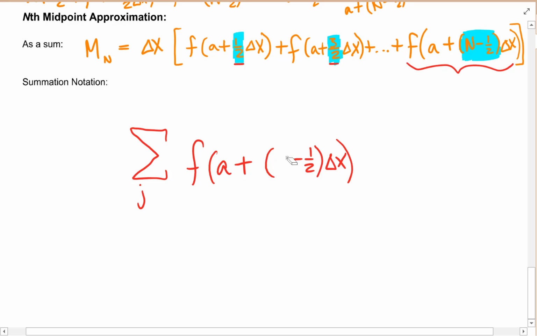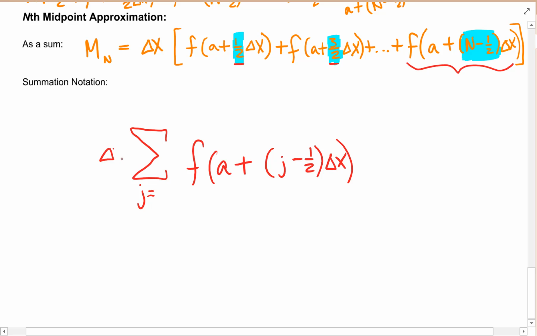And I'm going to replace number of subintervals with j, because we can put however many subintervals here by indicating the index and the ending point. So that doesn't need to be accounted for inside the general term. So the general term would be f of a plus j minus 1/2 delta x.